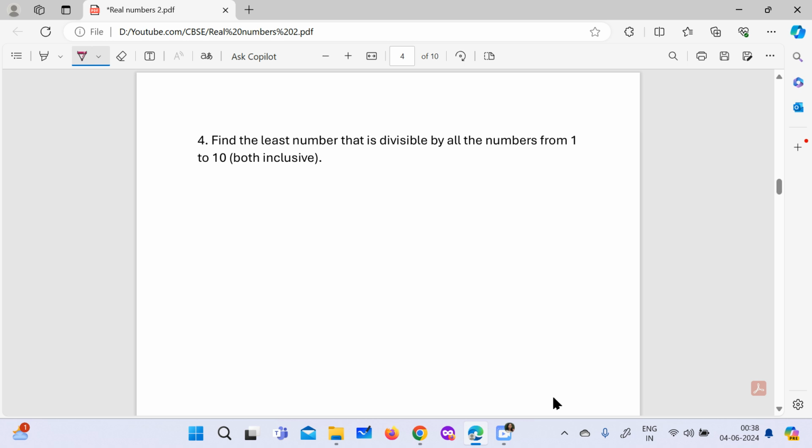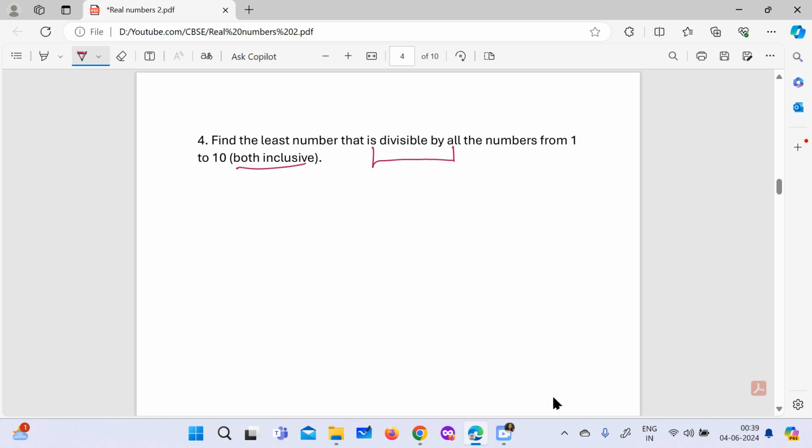Now the next question is, find the least number that is divisible by all the numbers from 1 to 10, both inclusive. So this is a competency based question. Now understand it this way. You have to find a number which is divisible by all the numbers from 1 to 10.